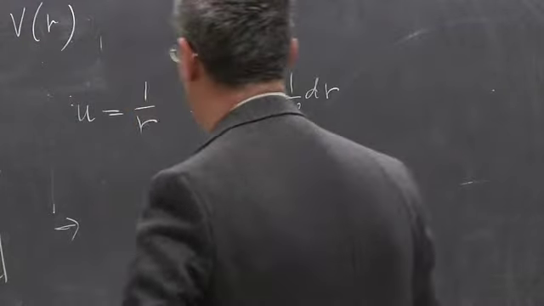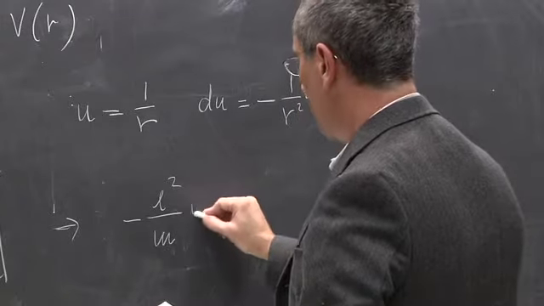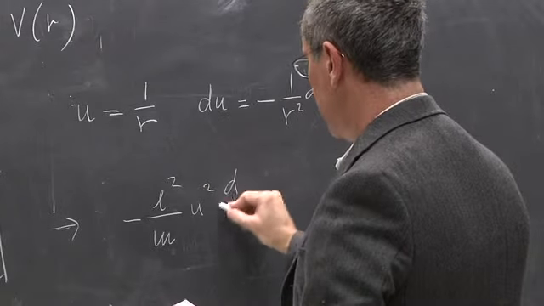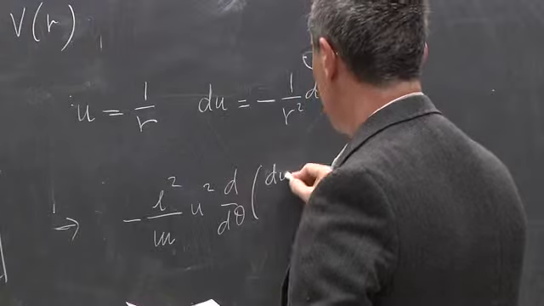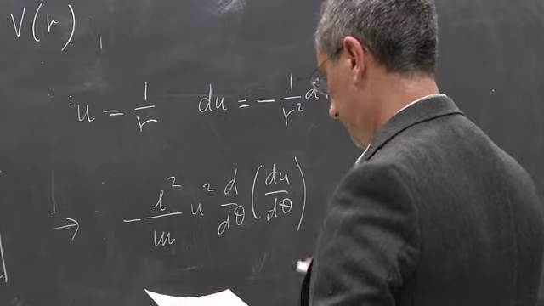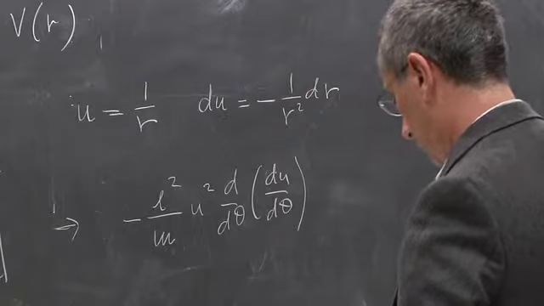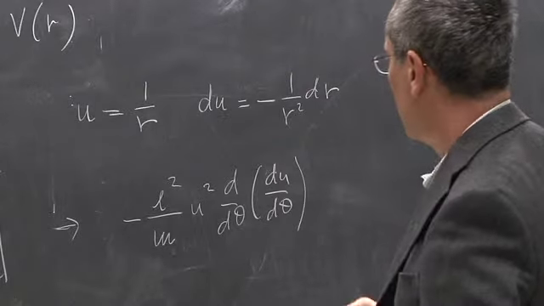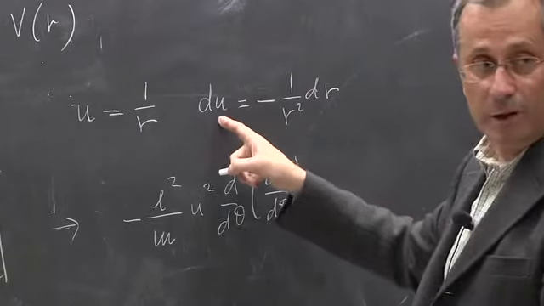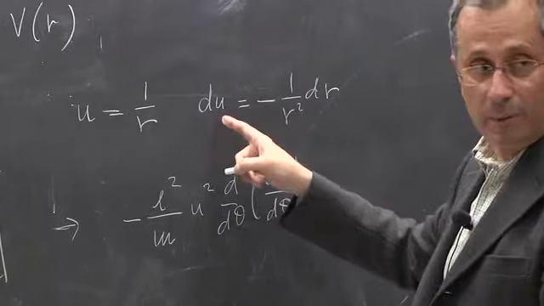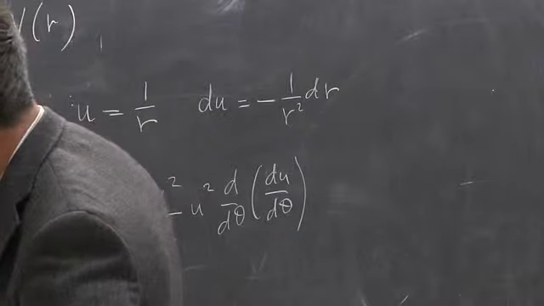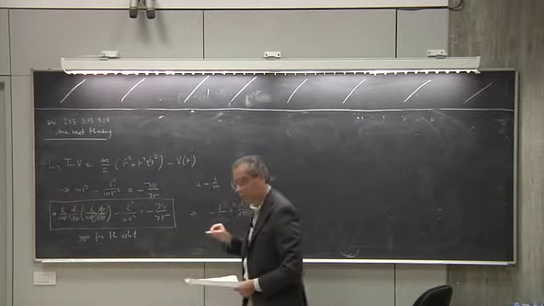So what you get is minus L square divided by m. I'm writing this term here. I get an extra L, u square d theta du d theta. You see, the nice thing about this transformation is that dr over r square is just minus du.